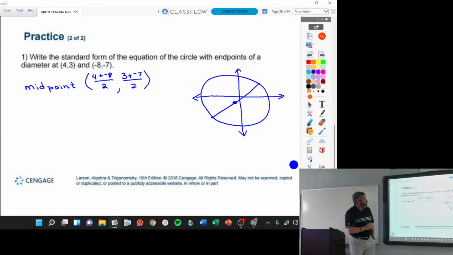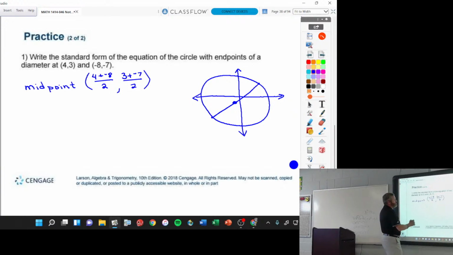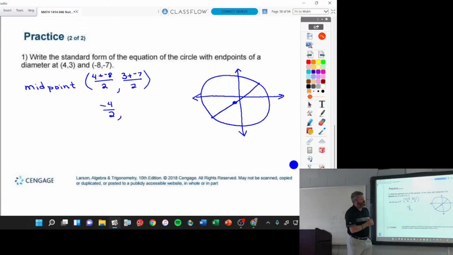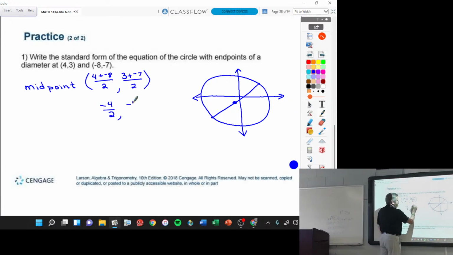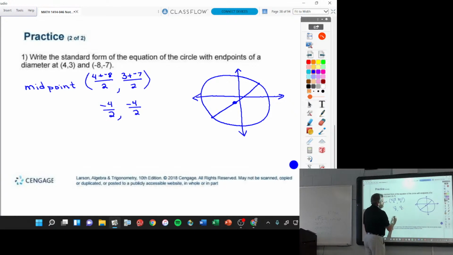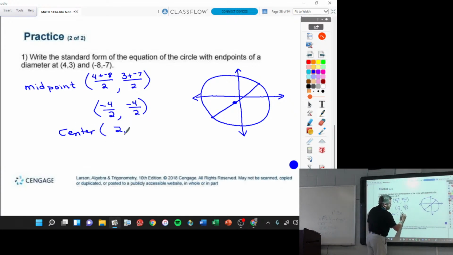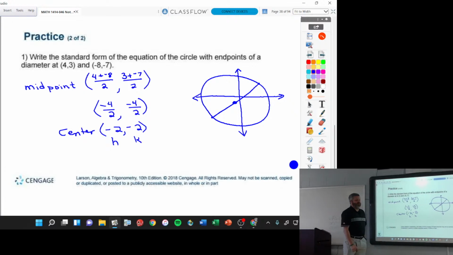Well, 4 plus -8 would be -4 divided by 2. 3 plus -7 is also -4 divided by 2. So my center, which is my midpoint of the diameter, is located at the point -2, -2, which means h is -2, k is -2.